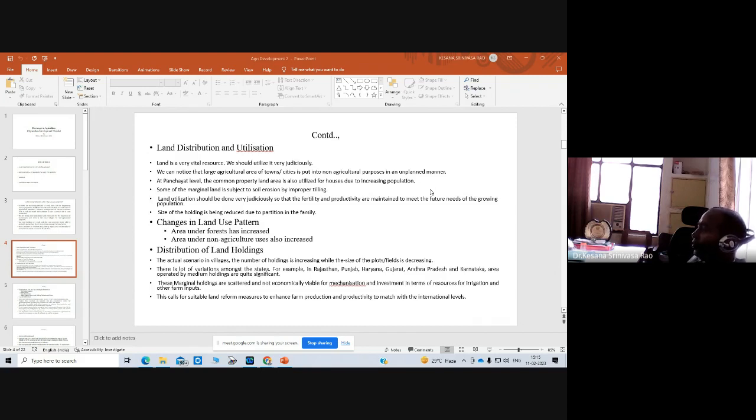Whenever independence came, in 1949 itself, land reforms legislation was brought into force, and since then land reforms have been implemented in almost all the states of India.